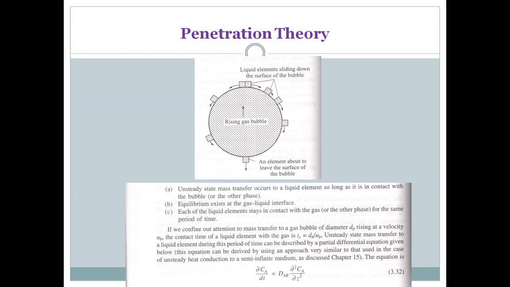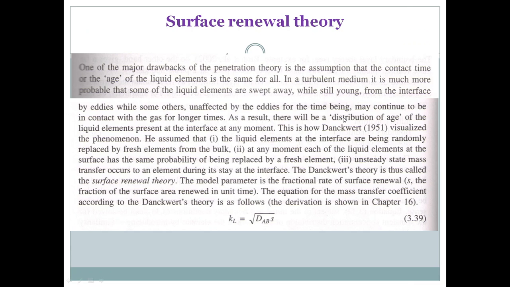It may detach; it is not always necessary to come here, it may detach here also. That probability is considered in surface renewal theory. They kept DAB the same, but instead of tc they put s. s is the model parameter, the fractional rate of surface renewal. With this, they have expressed it.